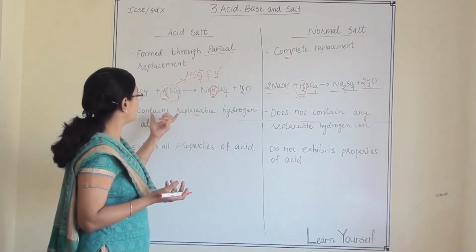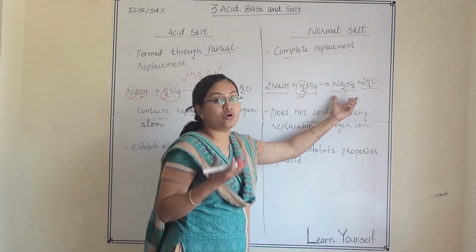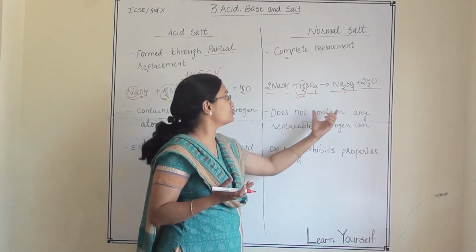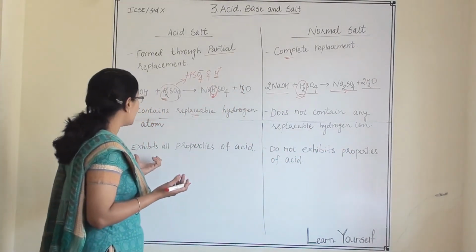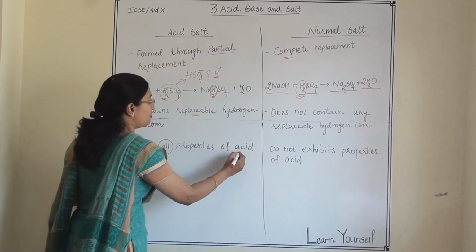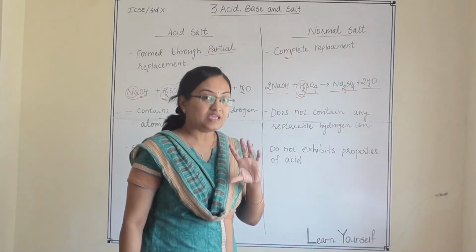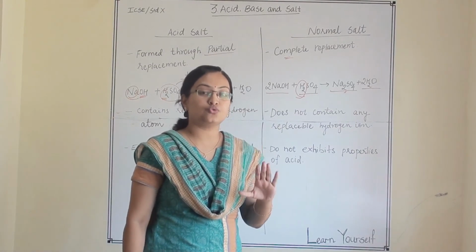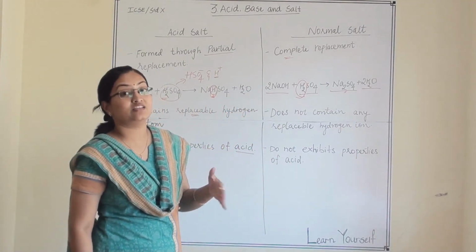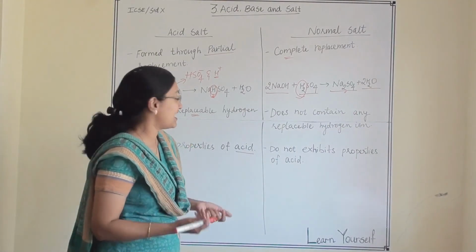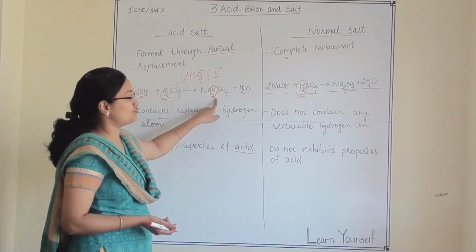Whereas here there is no hydrogen, so obviously it does not contain any replaceable hydrogen ion. It exhibits all the properties of an acid because one H plus being present in the salt, it shows acidic character. It behaves as good as an acid because of this one replaceable hydrogen ion.